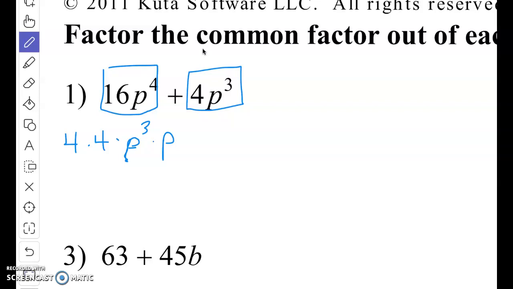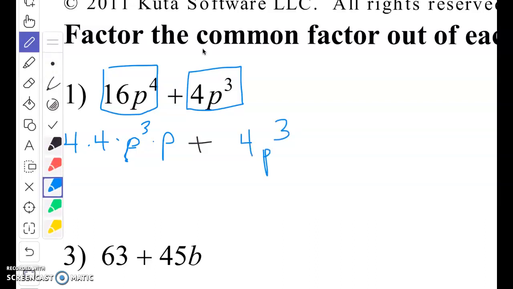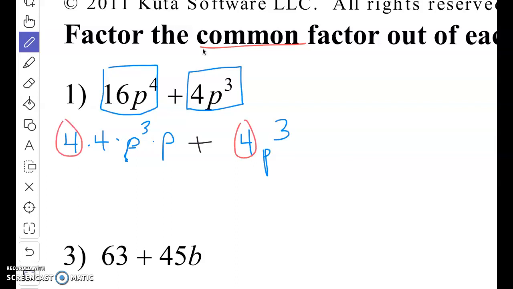And in the second section, we can just leave it as 4p to the third. And what I'm trying to show you is what do they both have in common. And what they both have in common is they both have a 4 and they both have a p to the third.